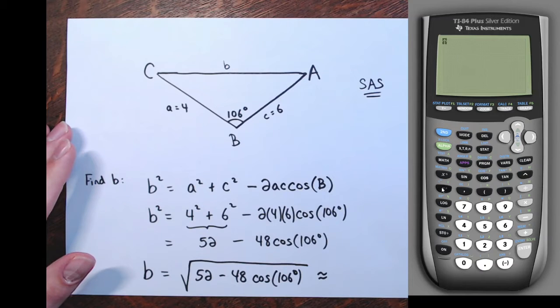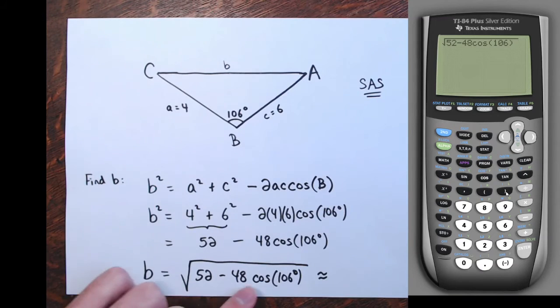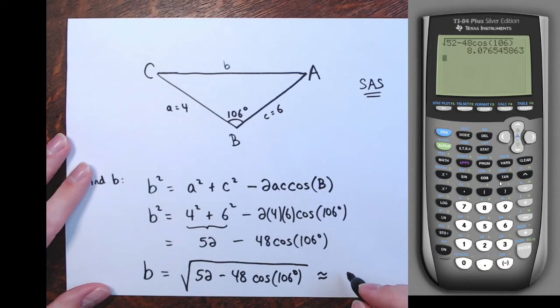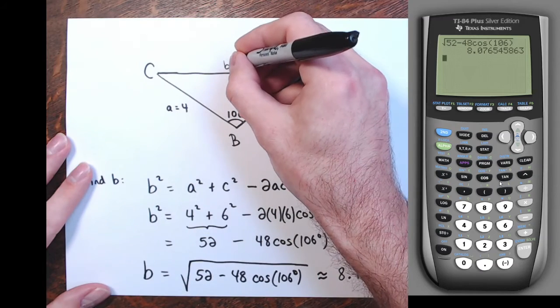Then I'll type the square root of 52 minus 48 times the cosine of 106 degrees, and make sure all of that is inside the square root. So we're getting side length b here. It looks like in the choices they're rounding to the nearest tenth for all these answers, so it is about 8.1 units long.